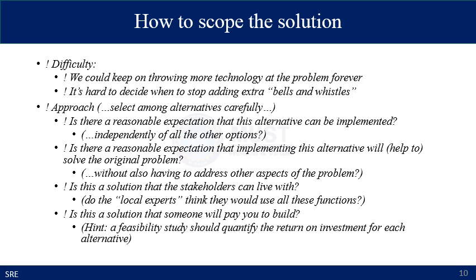Is this a solution that the stakeholders can live with? Do the local experts think that they would use all these functions? And finally, is it a solution that someone will pay you to build? Again, a feasibility study should quantify the return on investment for each alternative.